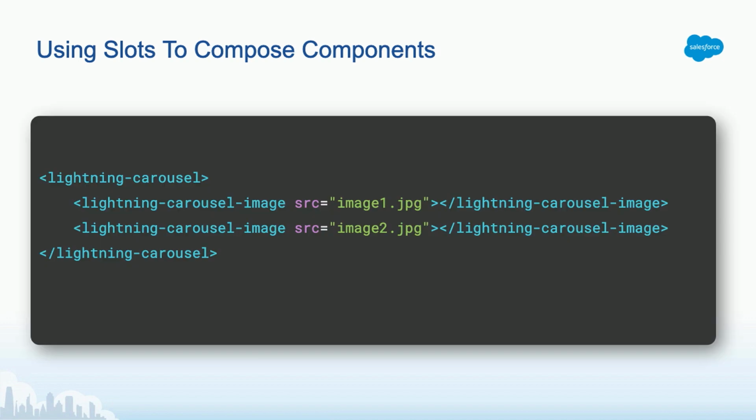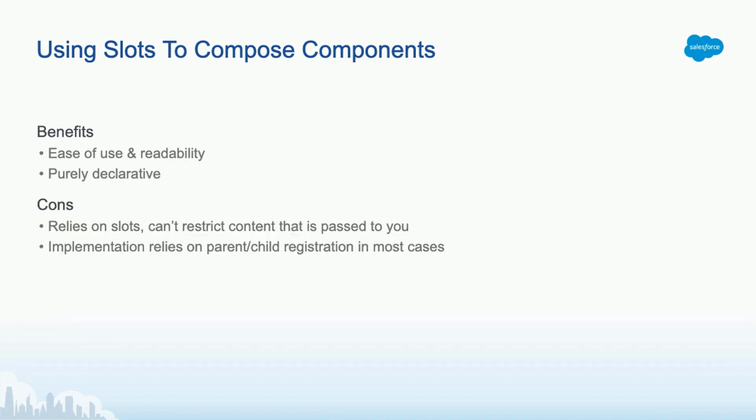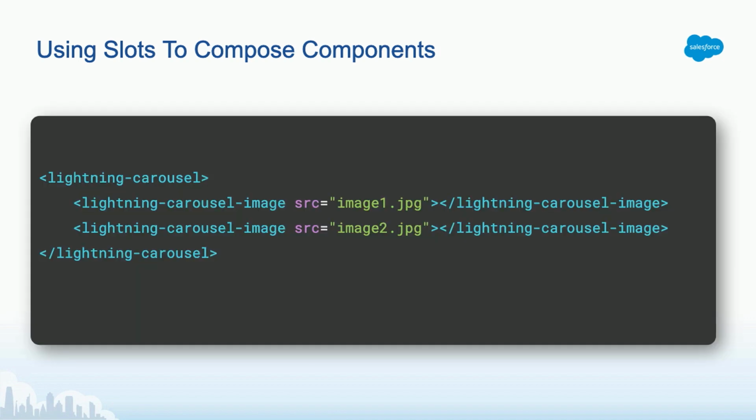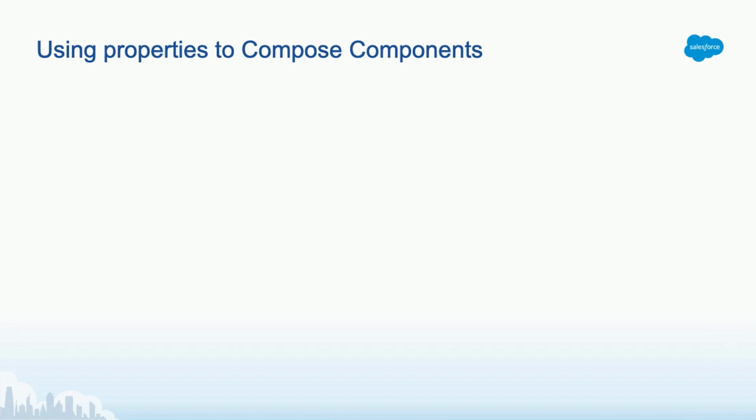One more thing: it relies on parent-child patterns to communicate between the parent, container, and contained components, and we'll see what that means. So here's how it looks when we're using slots. Pretty simple. We have a carousel, and then we're passing just some images with a source attribute, and that's it. Easy to read, easy to port, beautiful.